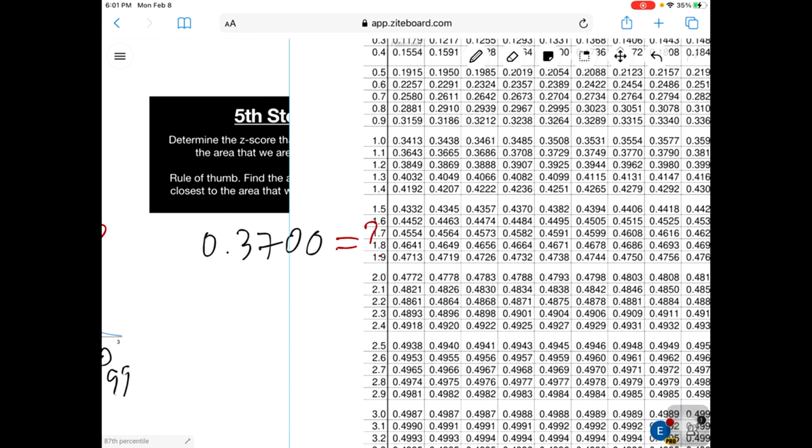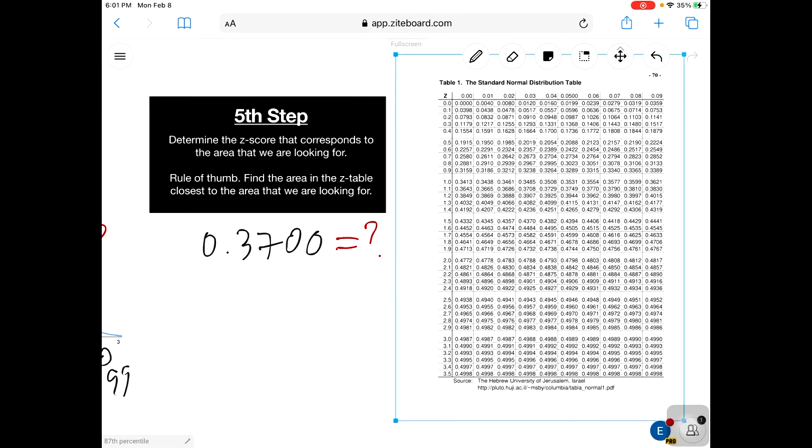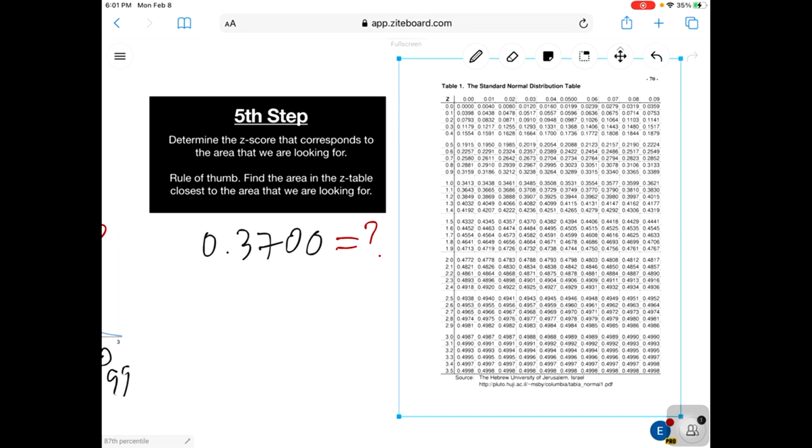So here we have to look for 0.3700 in our z-table. In the z-table, the closest area to 0.3700 is 0.3686, which is equal to the z-score 1.12.